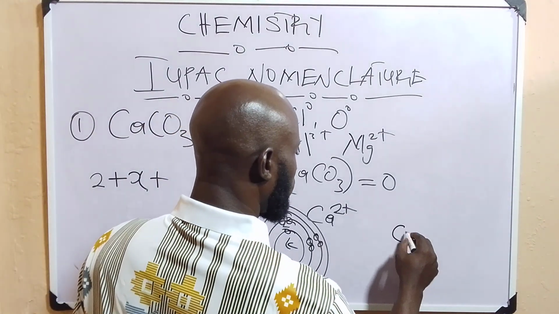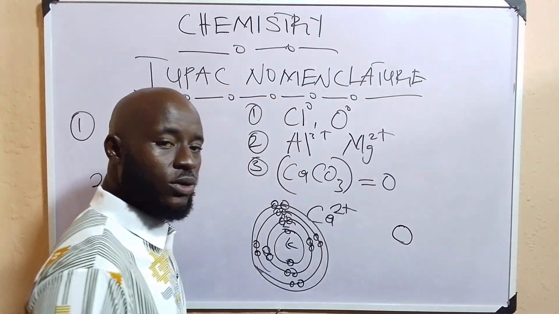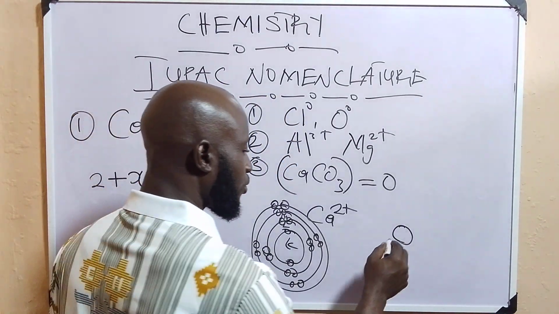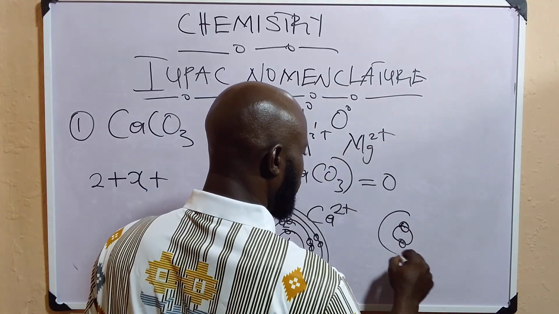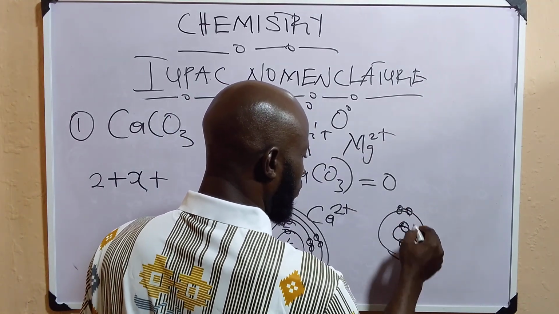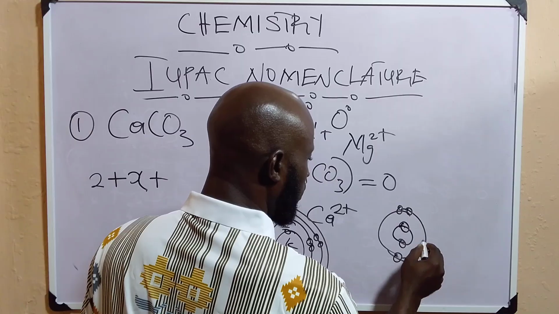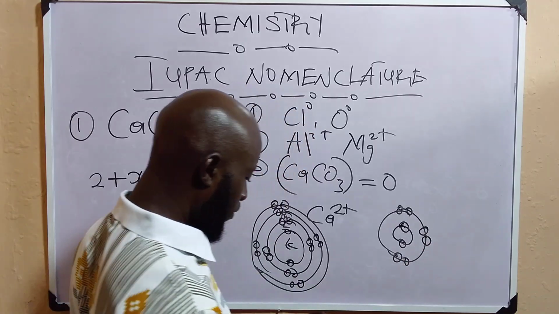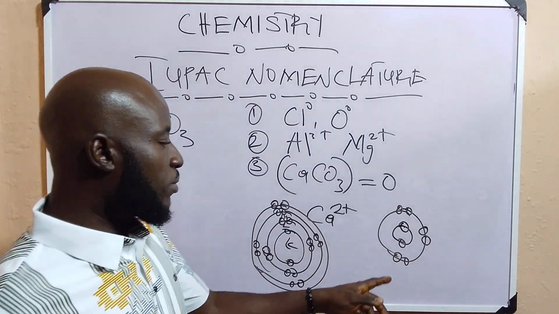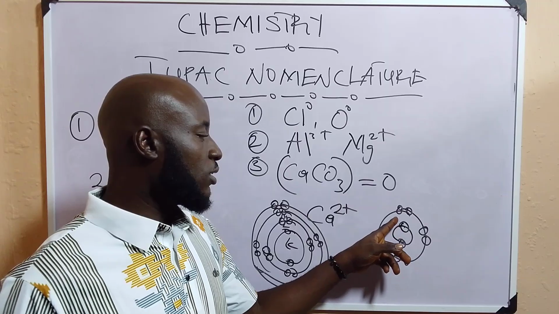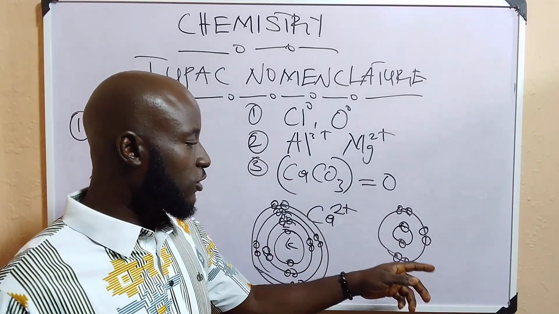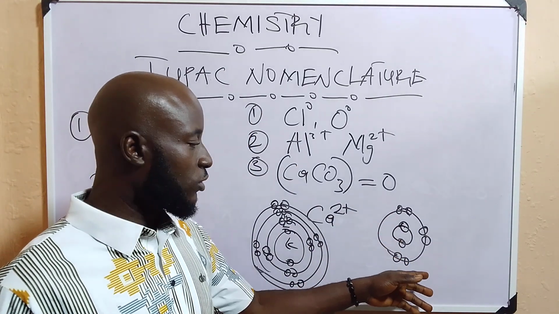Oxygen is what in the periodic table? Is 8. 1, 2, 3, 4, 5, 6, 7, 8. Remember that the L, M, N orbitals will contain the maximum of 8 electrons.